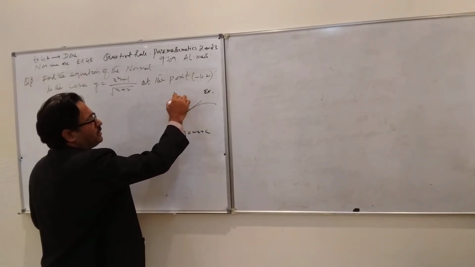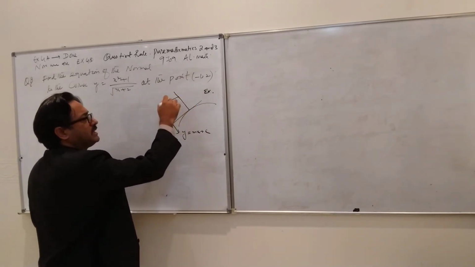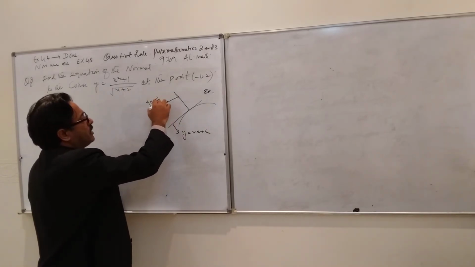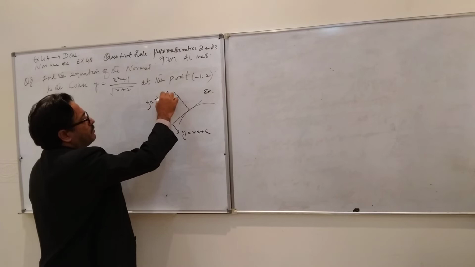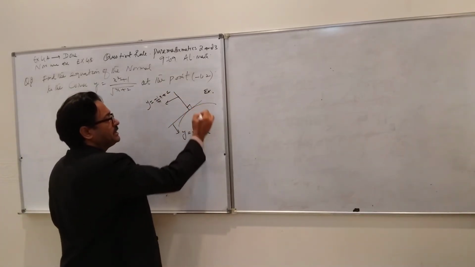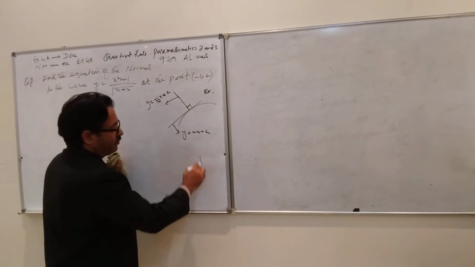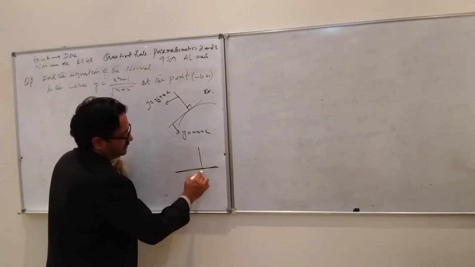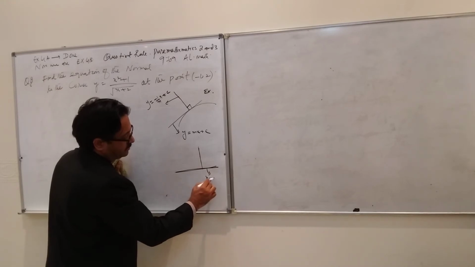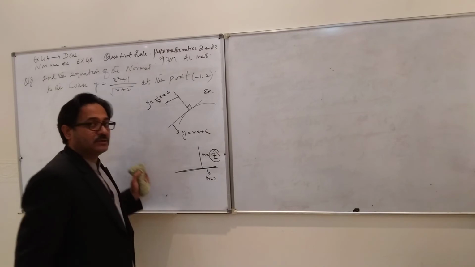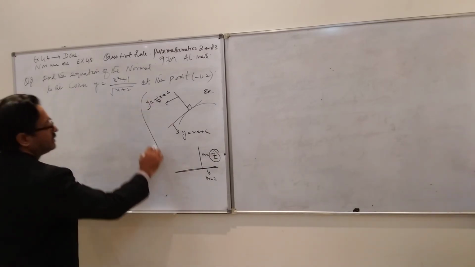The equation of this normal is also a straight line, but it would be y equals −1 over m times x + c, because they are perpendicular to each other. So if two lines are perpendicular to each other, their gradients follow a rule: suppose this m is 2, this m will be −1 over 2. That's the rule.